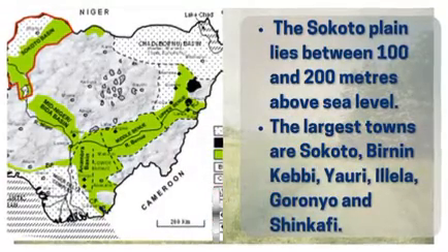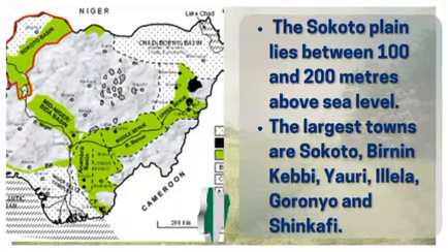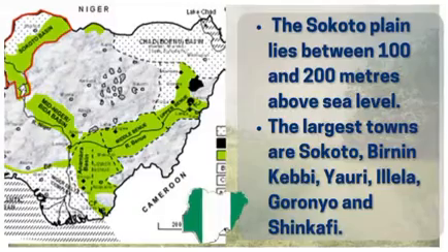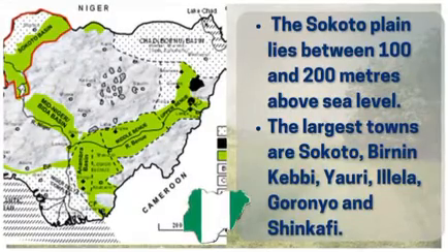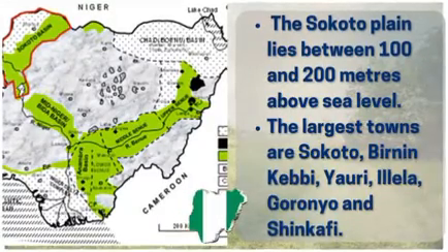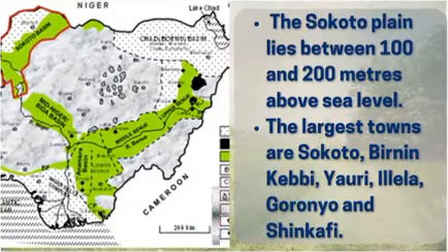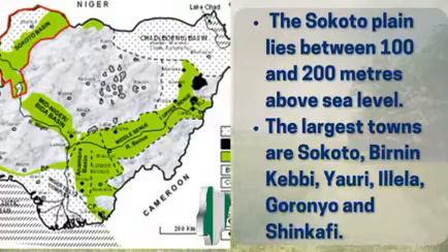The temperature ranges from about 24 degrees Celsius to about 33 degrees Celsius. This region receives less rainfall, about 3 to 4 months of rain, and it is less than 800 millimeters in a year.